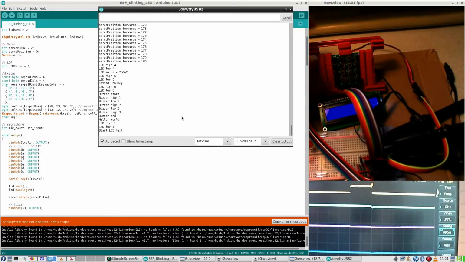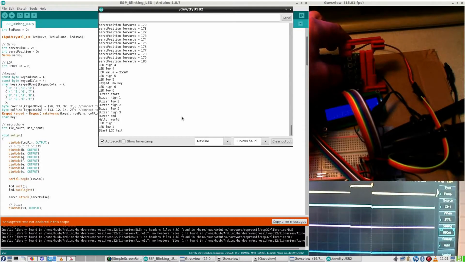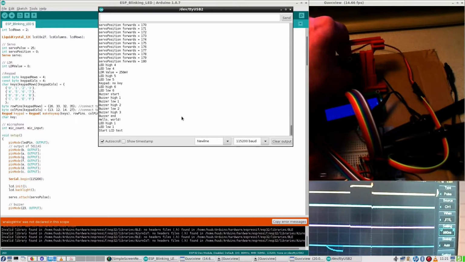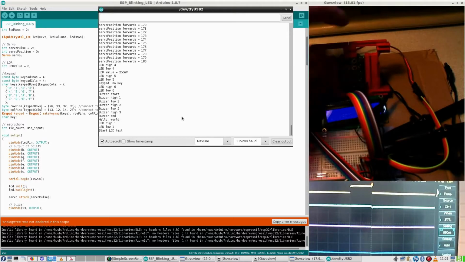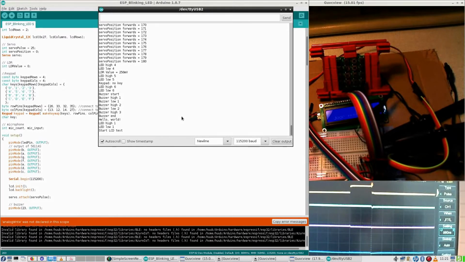So, once again, this one is working, but is this one working? No. So there is, with all this probing, something extremely strange going on. And I don't have a clue why.